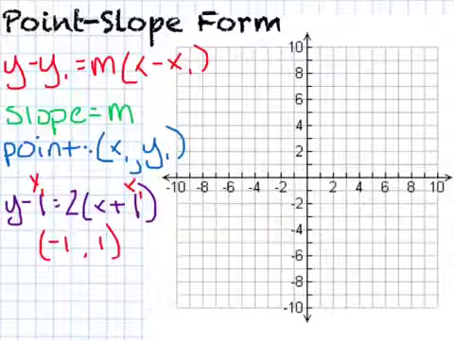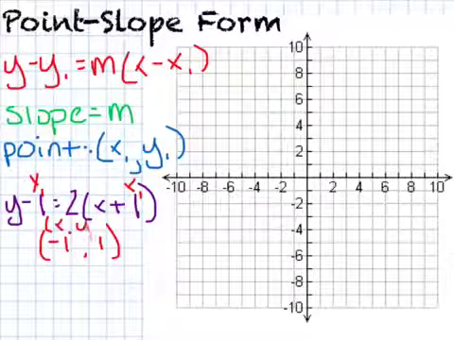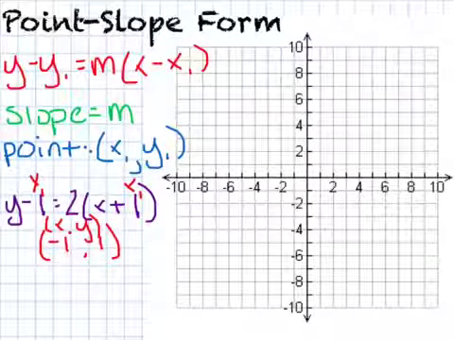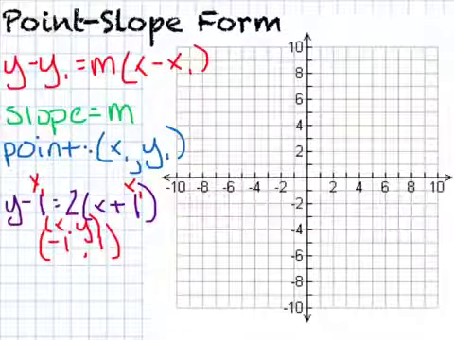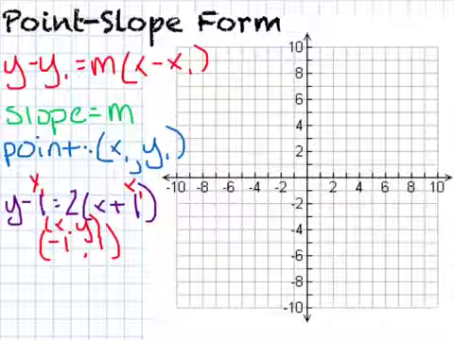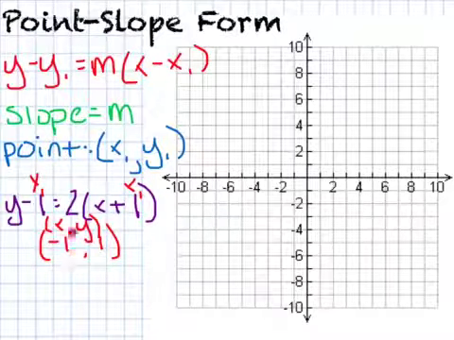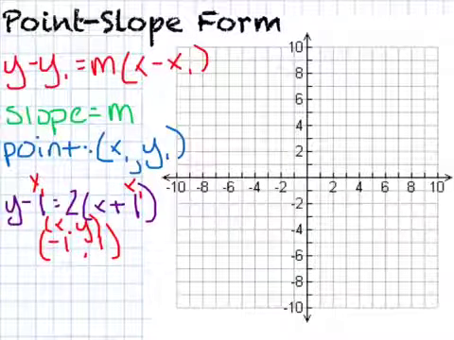And remember, that's because it goes x, y, and you do the opposite of whatever is listed there. So even though y says minus 1, we're going to do a positive 1. And even though x says plus 1, over here, we're going to do a negative 1 because we do the opposite of whatever is there.